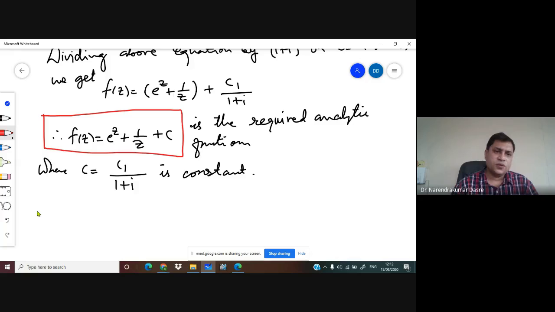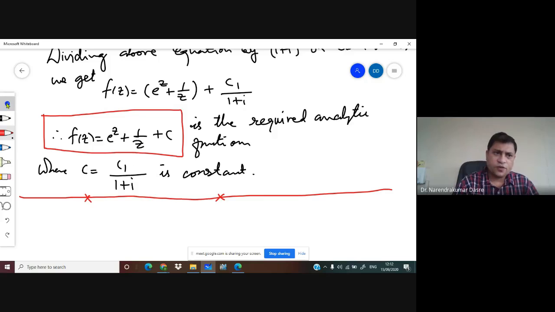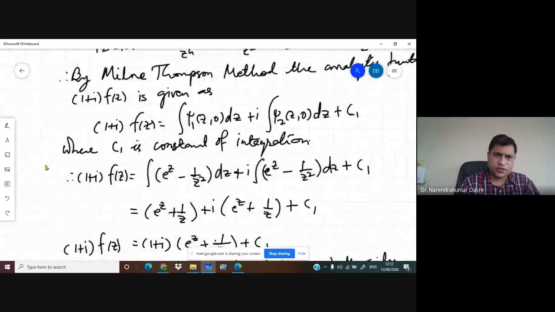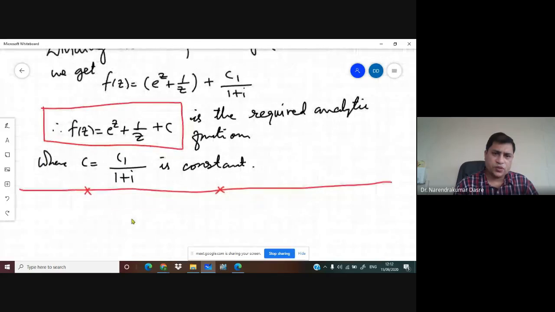So this way we are able to get the analytic function as the u plus v was given to. So do you have any doubt in this example?